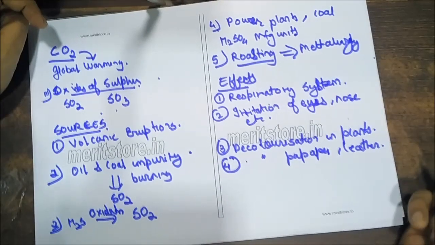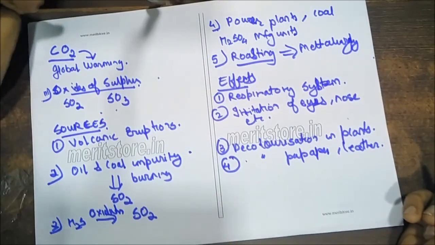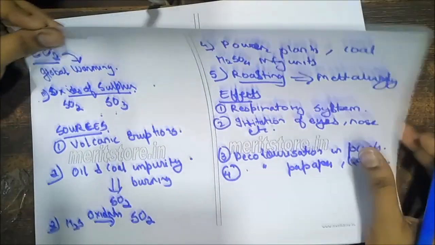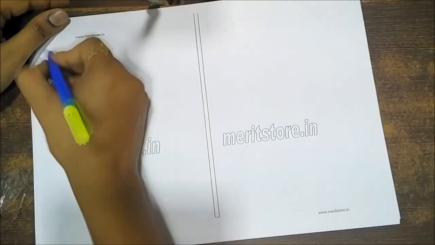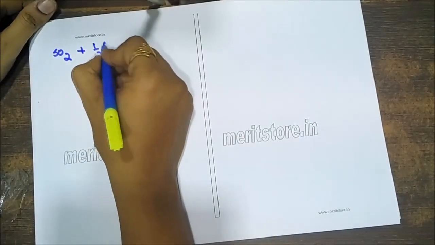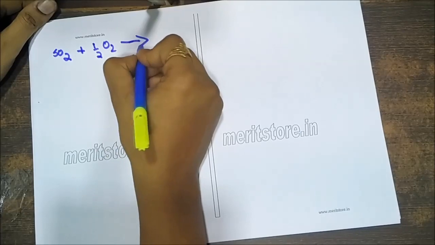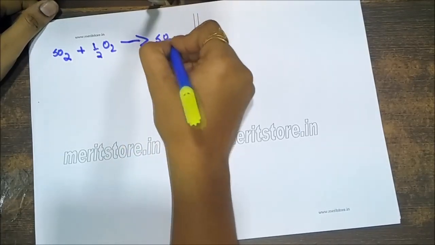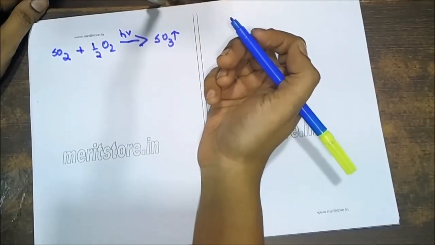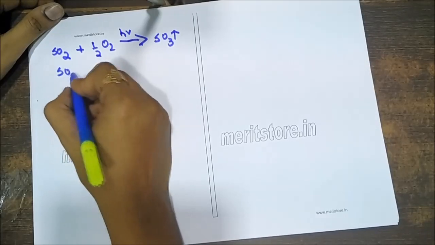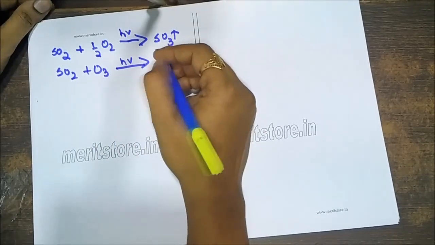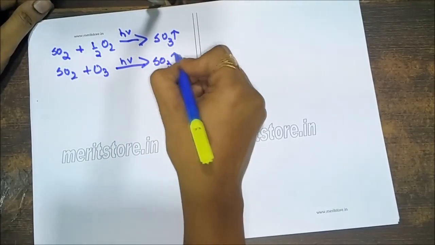Okay, now see, we said that we are going to study two types of oxide, sulfur dioxide and sulfur trioxide. Now how does sulfur trioxide form? Let's study. See, either sulfur dioxide will react with oxygen in the atmosphere to form sulfur trioxide. Now this may occur either in the presence of photolytic light, or by catalytic oxidation, again in the presence of light.